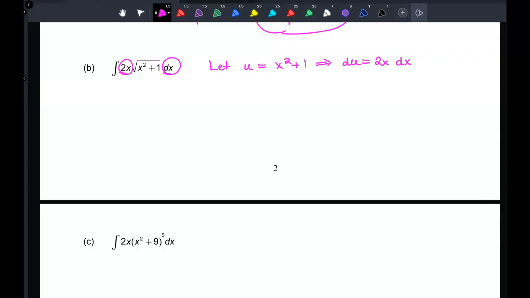So I'm going to use these two combined as du. Now, you could rearrange it, but you don't need to rewrite it like I did on the first example. We're just taking these two parts, 2x dx, and replacing it with du. What's the integrand? Square root of u.